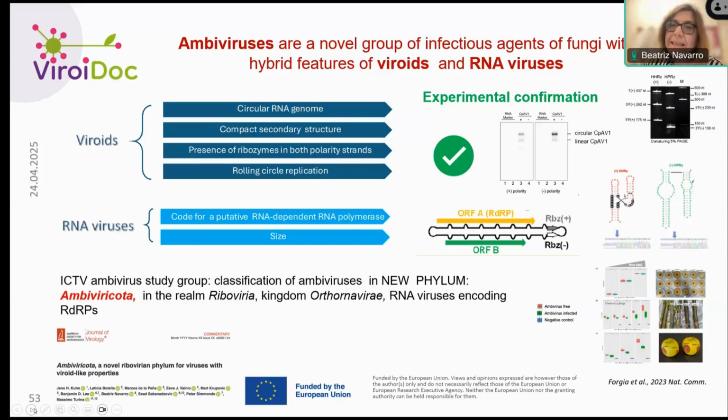Another interesting thing that we show in this work, in this experimental confirmation, was that for one ambivirus, Gryphonectria parasitica ambivirus 1, which infects the pathogenic fungus Gryphonectria parasitica that causes the chestnut blight disease, we compared the phenotype of the fungus with and without the ambivirus, and the infection with ambivirus induced hypovirulence in the fungus.